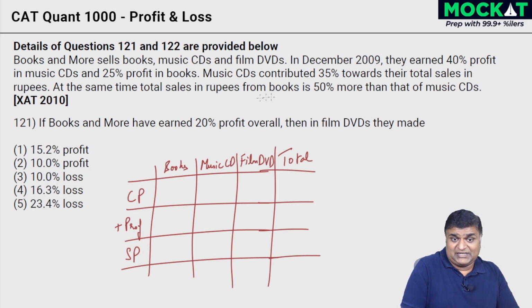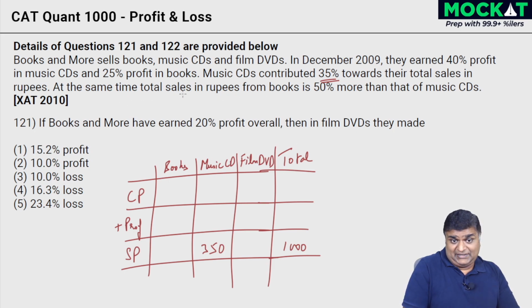At the same time, total sales in rupees for books was 50% more than music CDs. I don't want to put 100 and 35 because half more is going to result in a decimal, so I can assume a value. Let me assume that the total is 1000. Then 35% of 1000, 350 rupees, is the sales of music CDs in total.